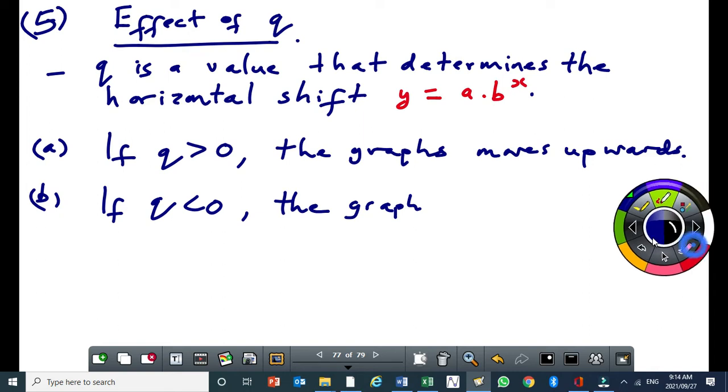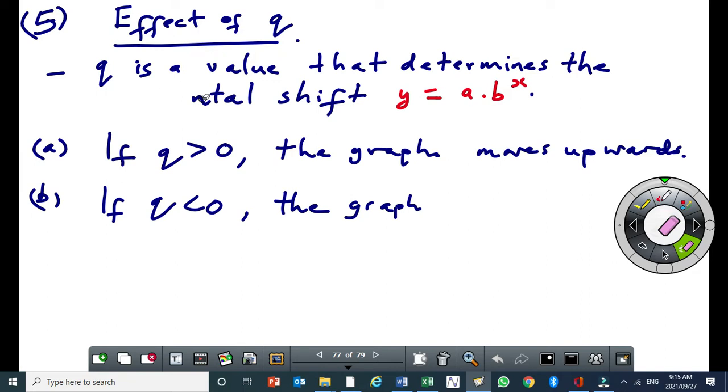So it's not graph, it's supposed to be graph. Remember, the graph that we are talking about is this. Oh, sorry, it's vertical. Sorry, vertical.